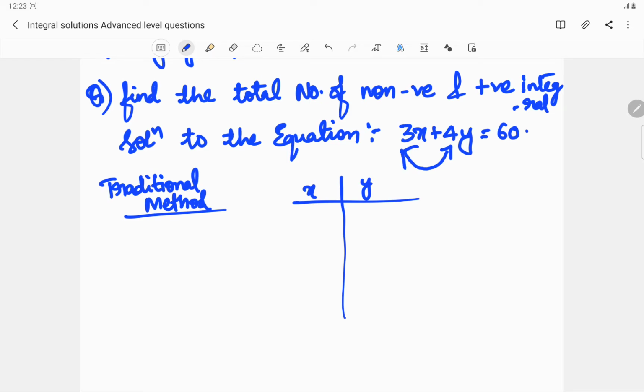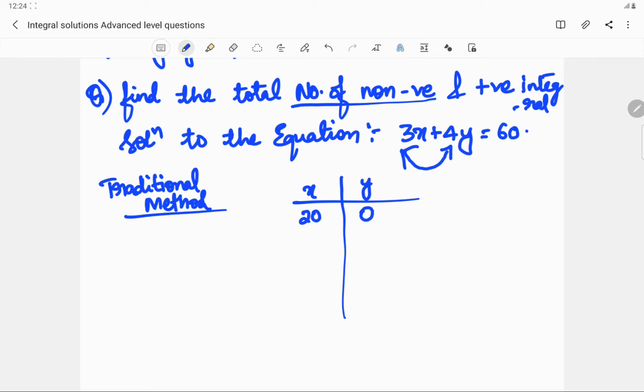We can either start with x as 0, or else we can start with y as 0, because the question says it should be non-negative, so 0 is allowed. If we take y as 0, the value of x is 20.